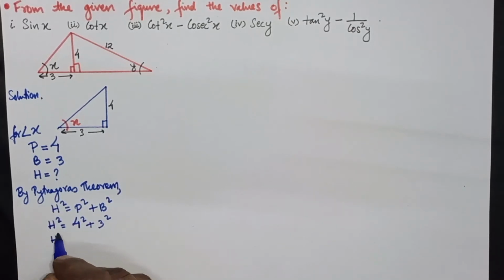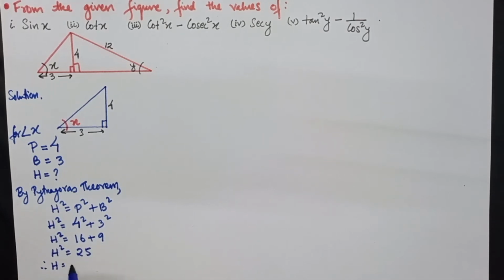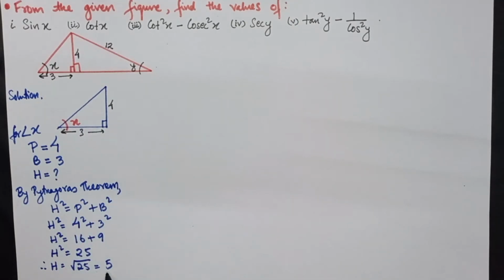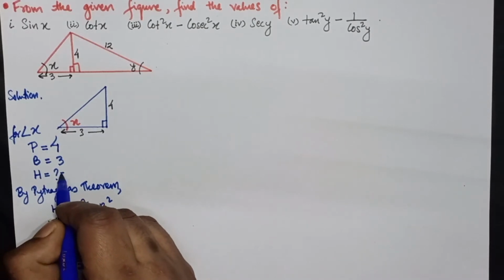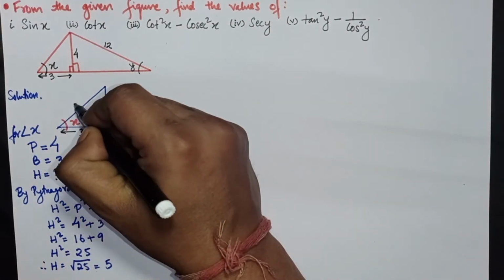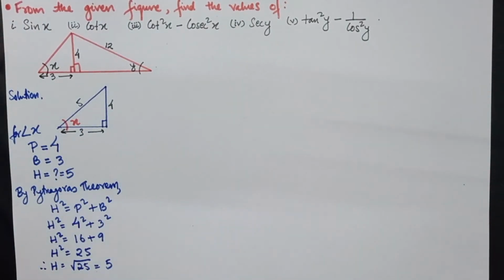So h square equals 4 square is 16 plus 3 square is 9, so h square equals 16 plus 9 is 25. Therefore h will be under root 25. Square root 25 means it will be 5. Already I have told you plus minus will come, but since it's length, length always has to be positive. So I got h equals 5. You can write here 5, in the figure also you can write 5. So I got the hypotenuse.